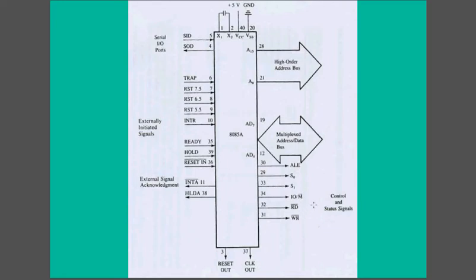We connect this signal to the memory, and if the memory receives the signal from pin 32 and it is low, then the memory knows that the microprocessor wants to read data from the memory, so it will allow the microprocessor to read from the memory. If the write signal is low, the memory will know that the microprocessor wants to write data to the memory. This is how it communicates with the microprocessor.